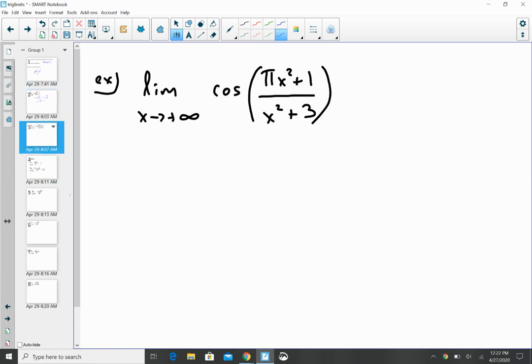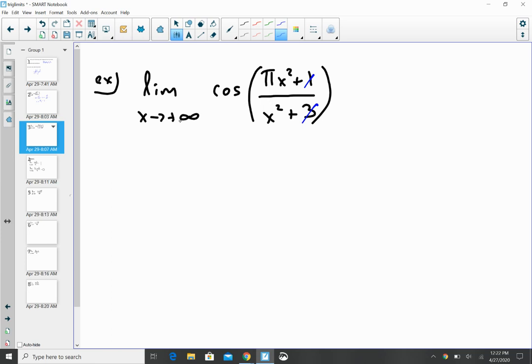Now we can have infinite values too. So as x is going to positive infinity, we can go ahead and try to plug in. Remember the rules for end behavior as x is going to positive infinity. We don't really care too much about the 1 and the 3. They're not going to matter as much.